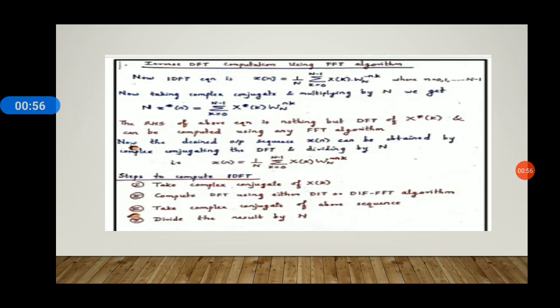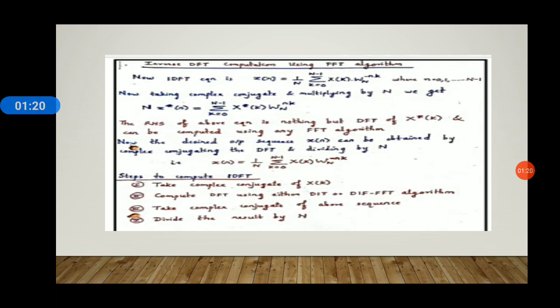The equation, as we know, for IDFT is x[n] equal to 1 by capital N summation k going from 0 to N minus 1 of X[k] W_N to the power nk, that we have already studied in the DFT chapter.